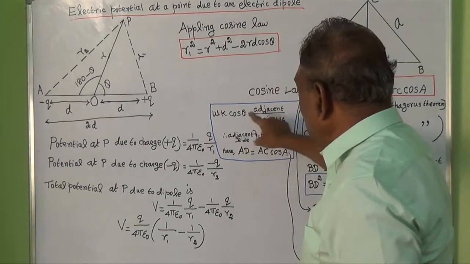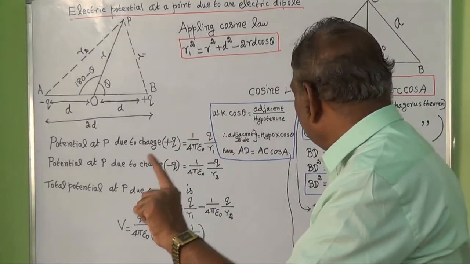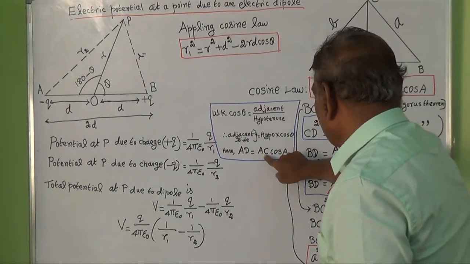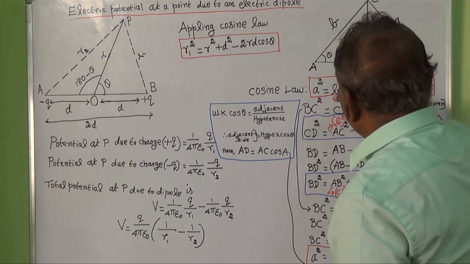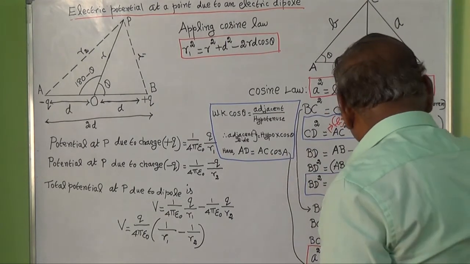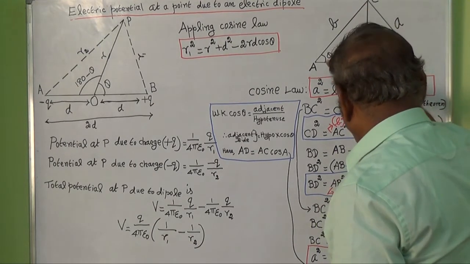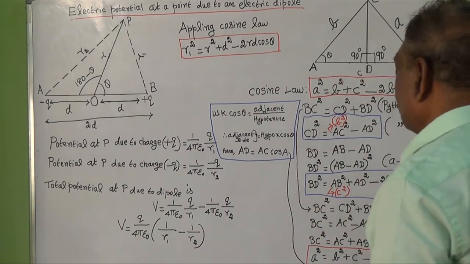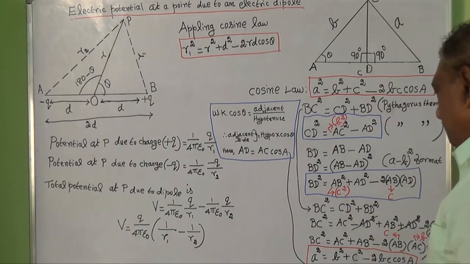Therefore, adjacent side equals hypotenuse into cos theta. In this case, the hypotenuse is AC. So, we can write the adjacent side AD as AC into cos A, because the angle between these two sides is A, so it is written as AC into cos A.